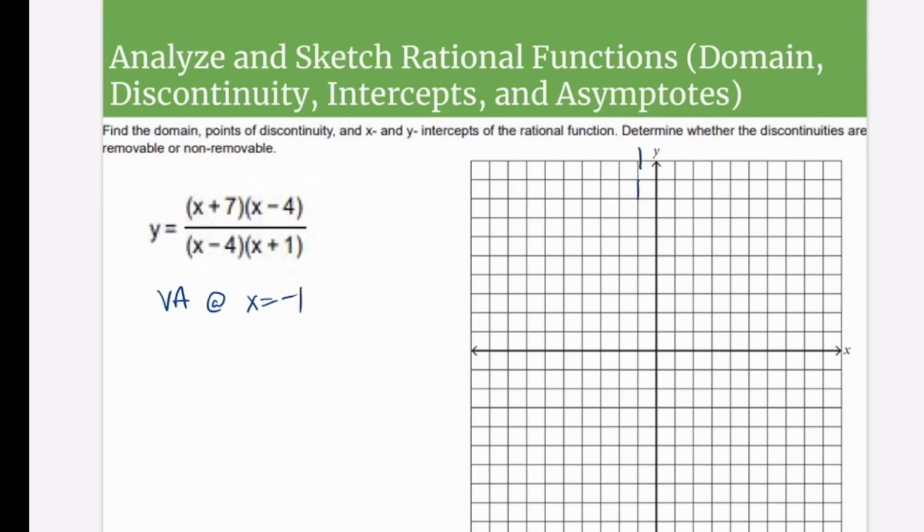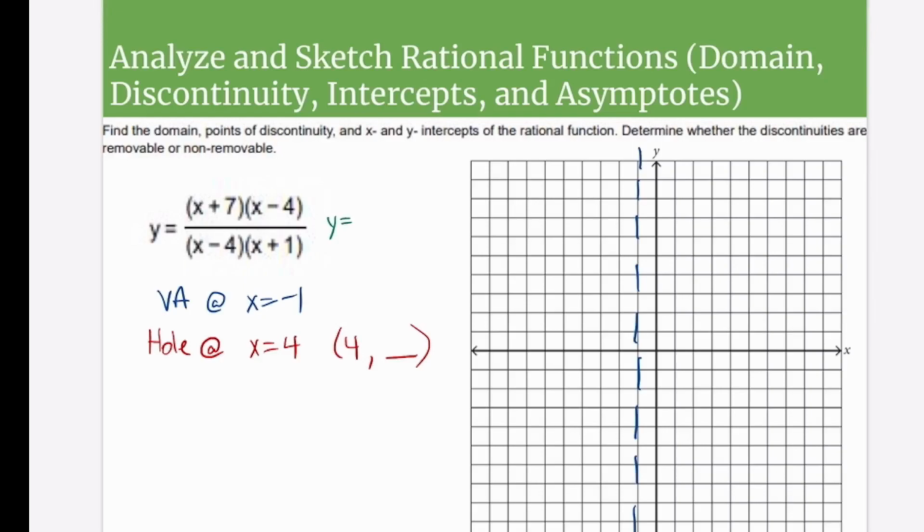So we are not going to be able to touch that vertical line. We have a hole when x is 4. So the thing is, 4 is going to have a y value, and we're going to need to figure that out to graph it.